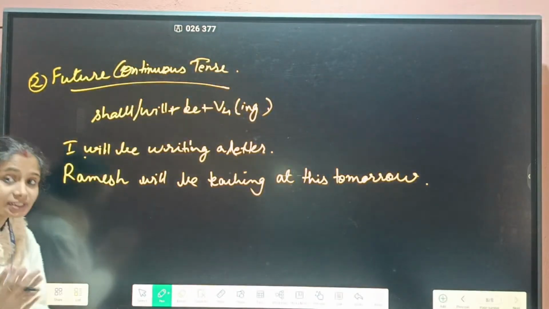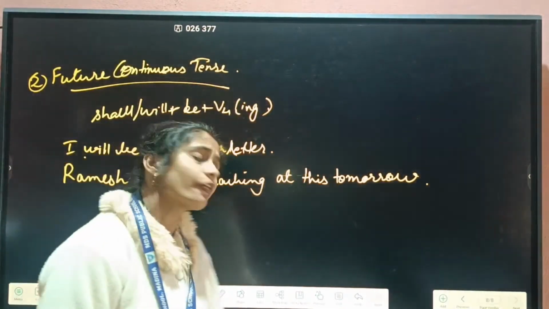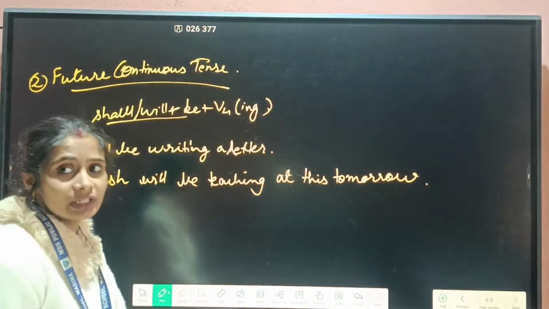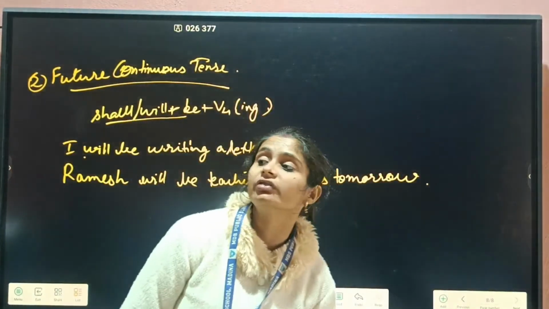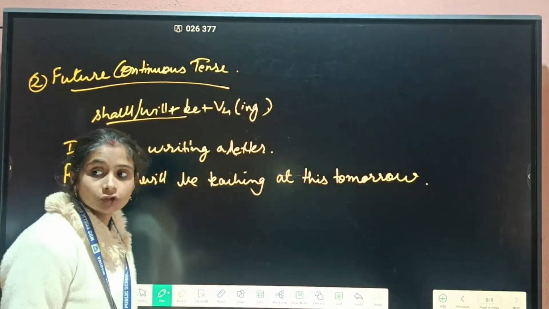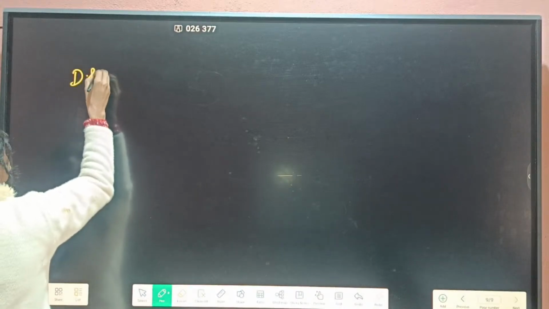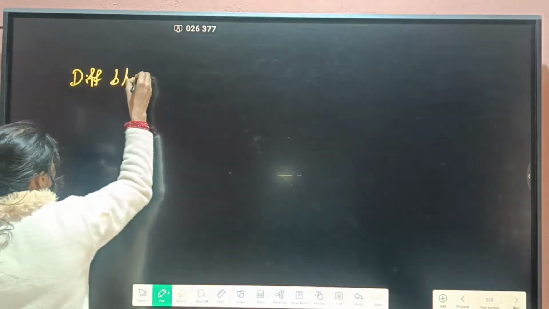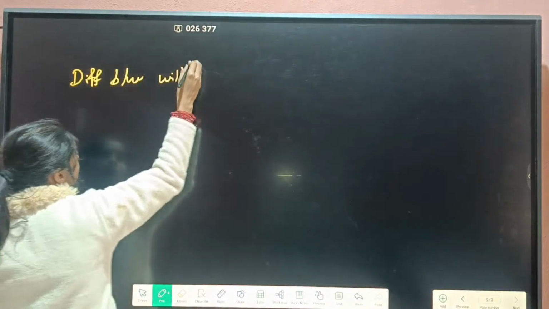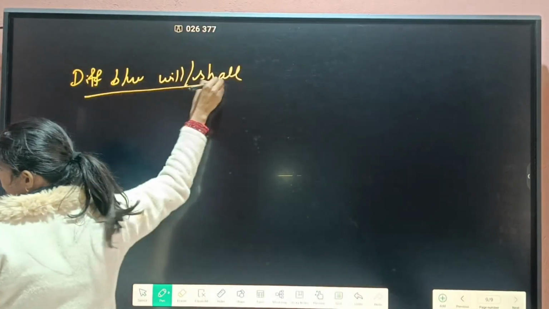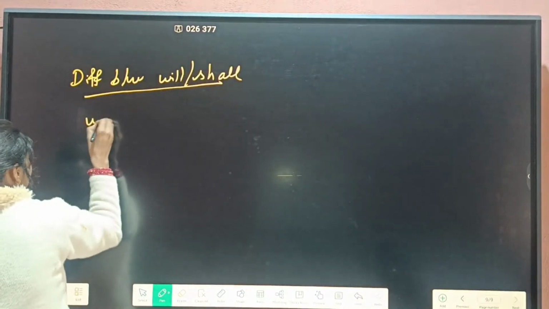Now one question comes to our mind: what is the difference between will and shall? You are just writing will and will. Exactly when can we use shall and when can we use will? So let me tell you the difference between will and shall first.